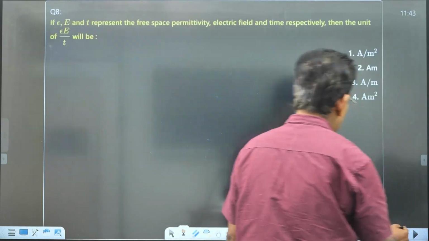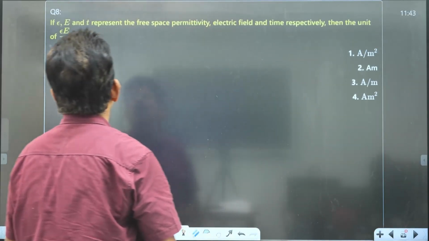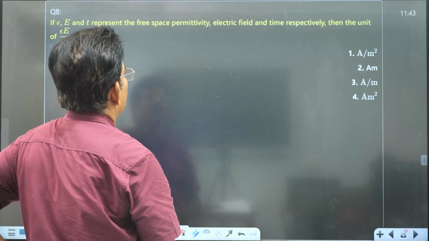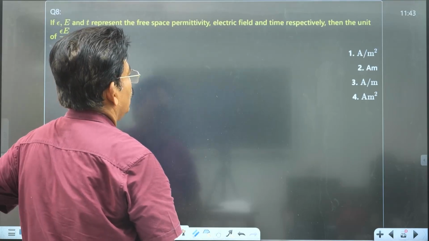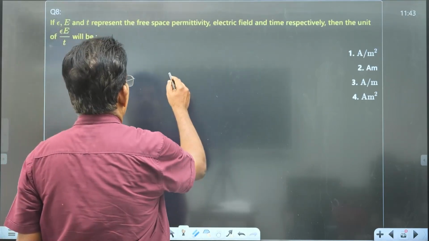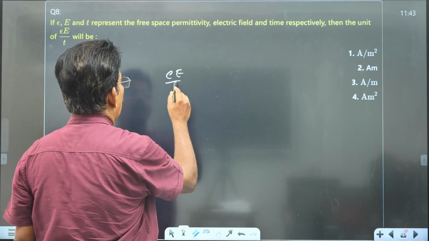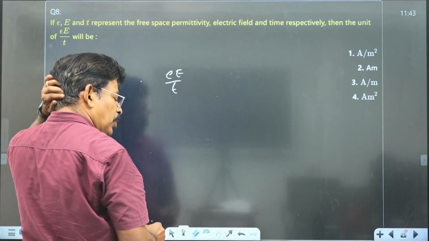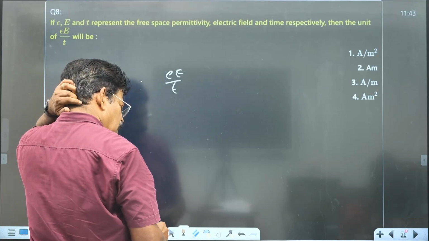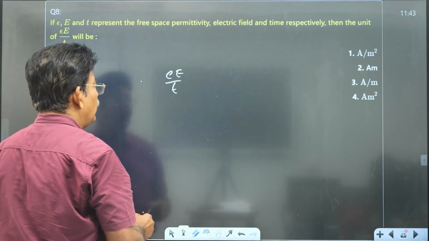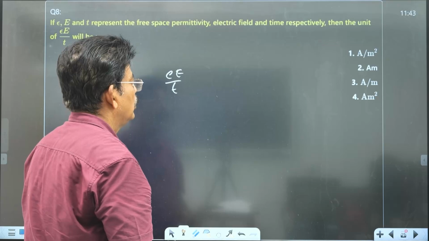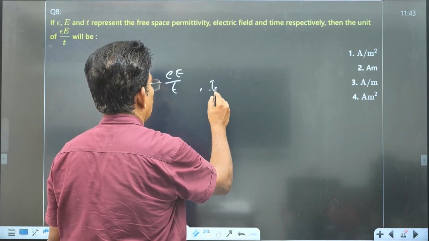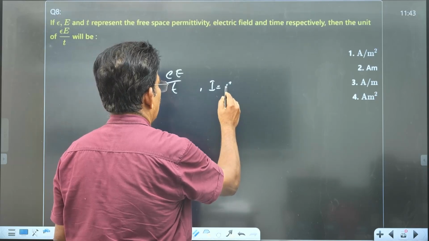Okay, coming to the next question. Epsilon represents free space permittivity, E is the electric field. Now, I want to find the quantity epsilon 0 dE by dt. You have the formula for displacement current. What is that?